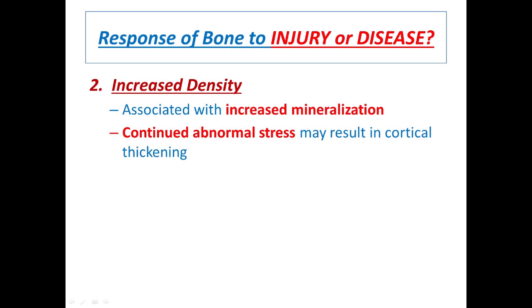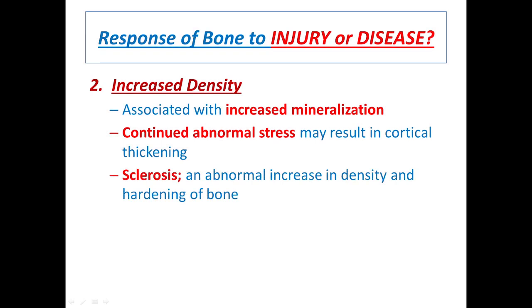There will be cortical thickening, that is basically hypertrophy of the bone cortex. In all such cases where there is increased bone density, bone spots on the radiograph look more whitish than normal. Radiographically, we call it sclerosis. So, what is sclerosis?